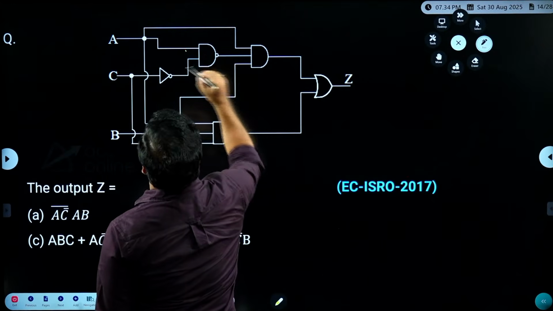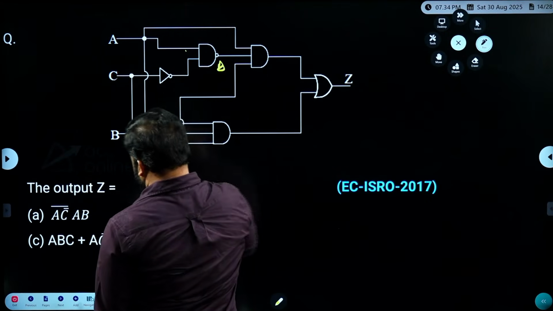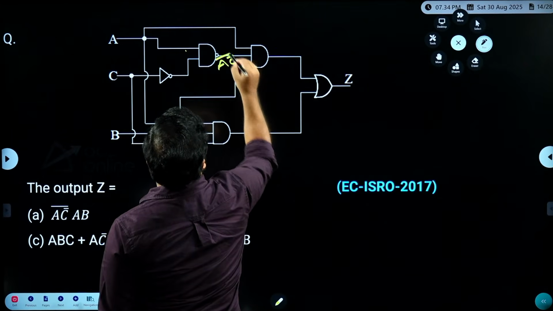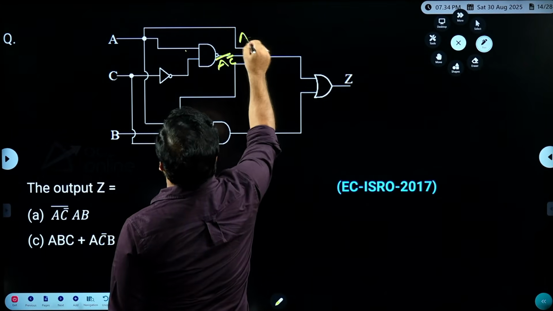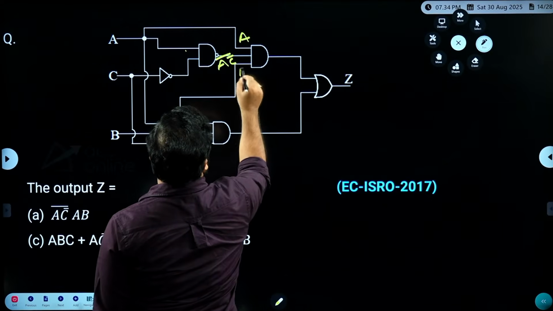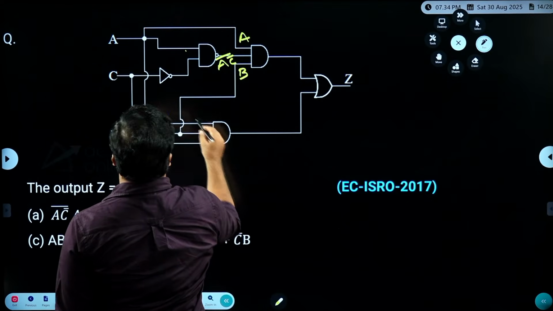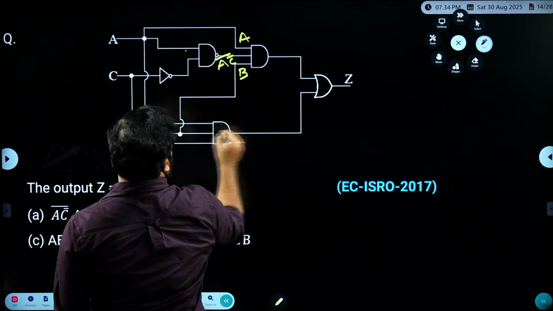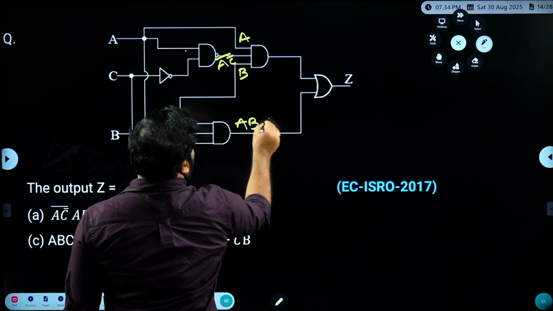Here NAND gate output is (A C bar) whole bar. And what is that other input here? It is A. And what is other input here? It is B. And for this AND gate, what we are getting here? It is B, it is A, it is C. So here we are going to get A, B, C.